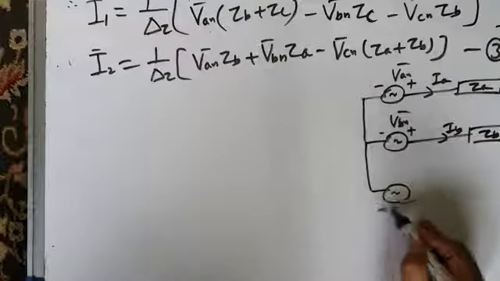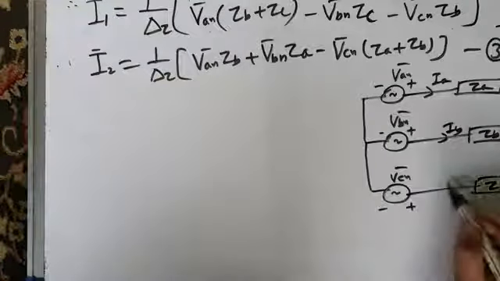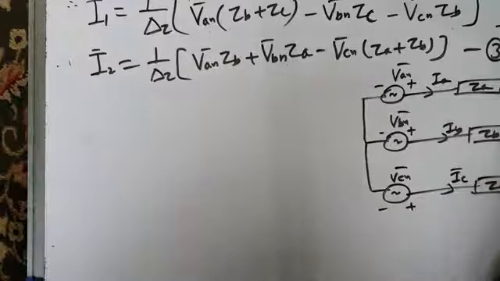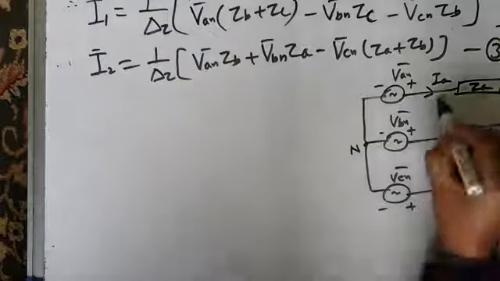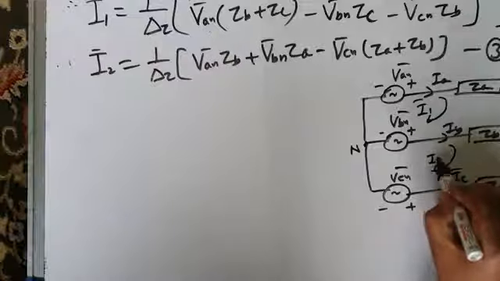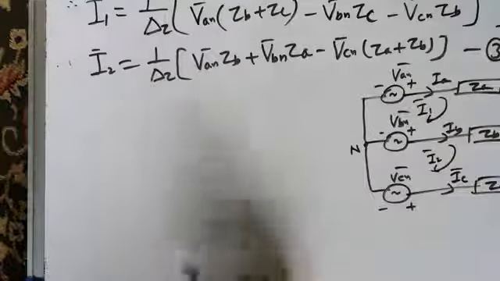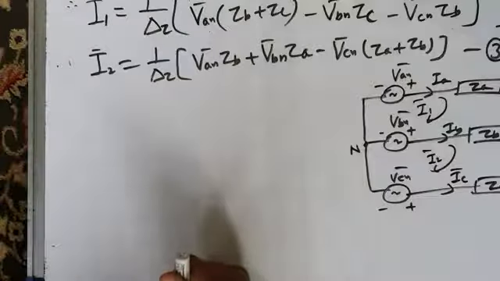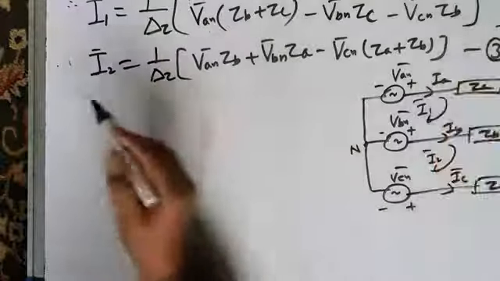This is phase voltage VCN, this is load impedance ZC, and this is line current IC, and this is load neutral, this is supply neutral. Okay, and this is your mesh current I1 and this is your mesh current I2. You have found mesh currents I1 and I2 from the matrix. Once you know the mesh currents, you can find the line currents.